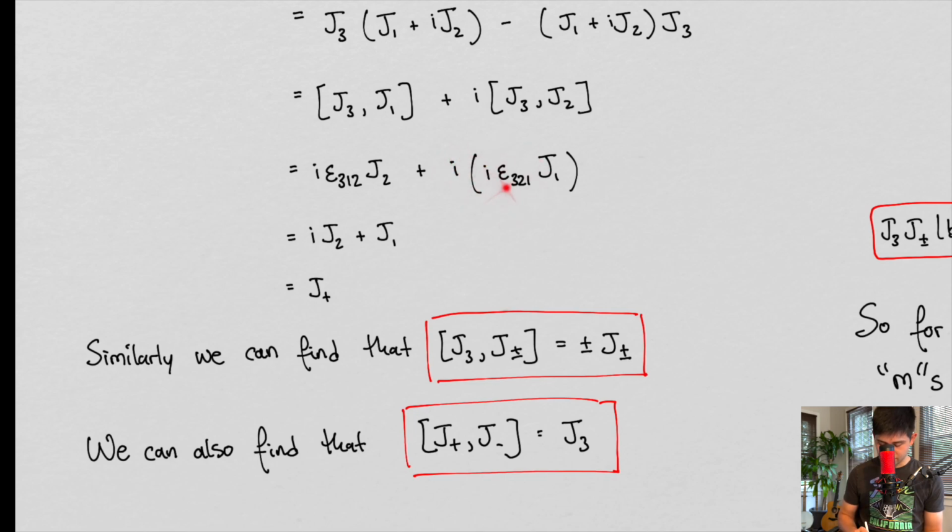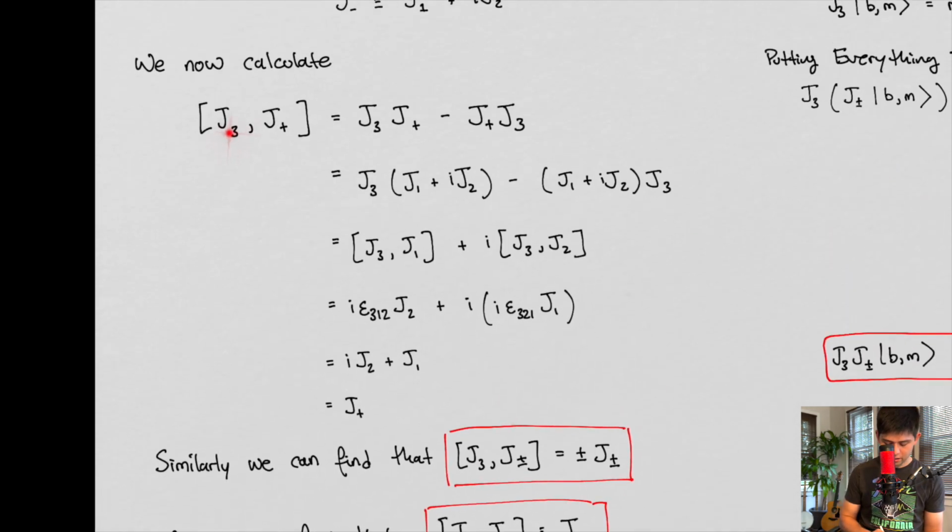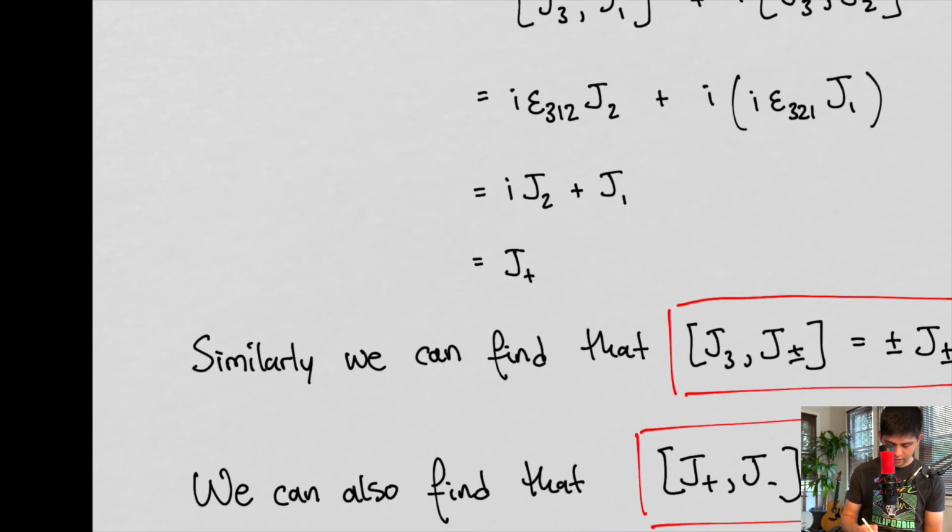And then because of this epsilon, that switches the sign again, because we're going 3, 2, 1 instead of 1, 2, 3. So we're going backwards there, and we get this. And then from here we find the definition of J plus. So we found the commutation relationship between J3 and J plus. I'll just write that down here.